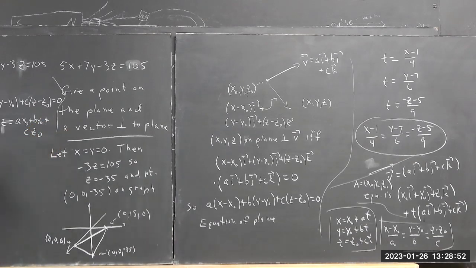Just multiply, distribute, and put your X's, Y's, and Z's here, and the AX naught and the BY naught and the CZ naught over on the side.